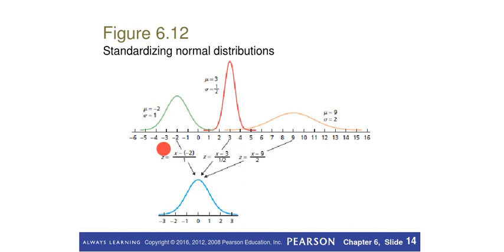We just take the difference between the x value and the mean and divide it by the standard deviation. And every single time we get a z value that is laid out here under this standard normal curve. And so if we know something about the probabilities of the standard normal curve, we can use that to get probabilities associated with any of these other curves. And that's pretty neat.